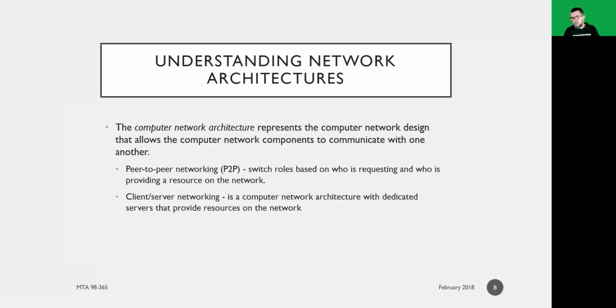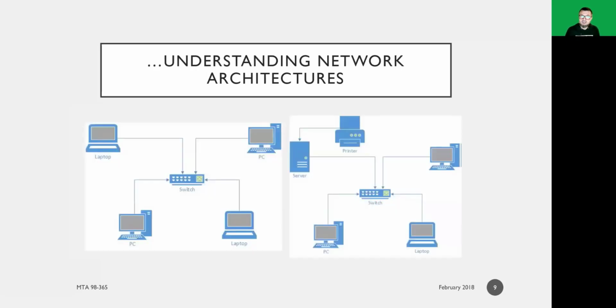But after some time, the same computer A might request some service, say print service, from another computer, from another peer on that computer network. Therefore, in this case, computer A plays the role of a client, because it's requesting the service.